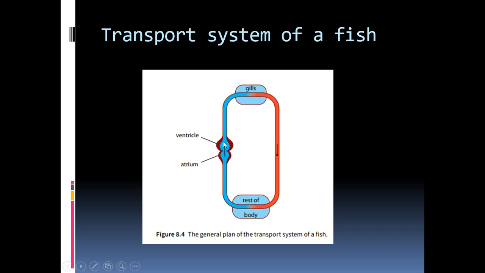If you look at the diagram, you can see that the structure of the heart has only one ventricle and one auricle. And in fish, the gaseous exchange process takes place in their gills, unlike mammals where the gaseous exchange occurs in the lungs.